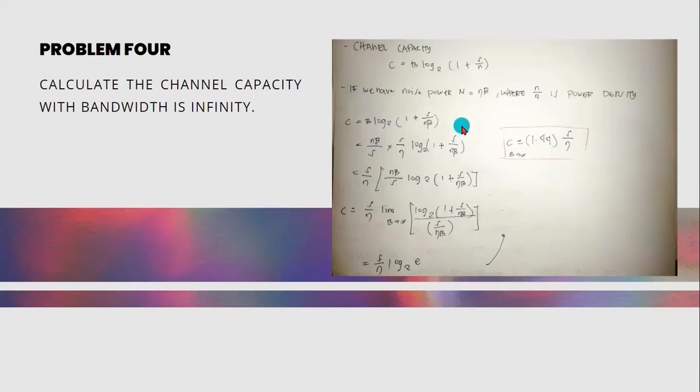So, the noise power N is equal to theta B, where N over 2 is the power spectral density. If we place N equals theta B into our channel capacity formula, we can sum up with C equals B log base 2 of 1 plus S over N theta B. Our B is our bandwidth.